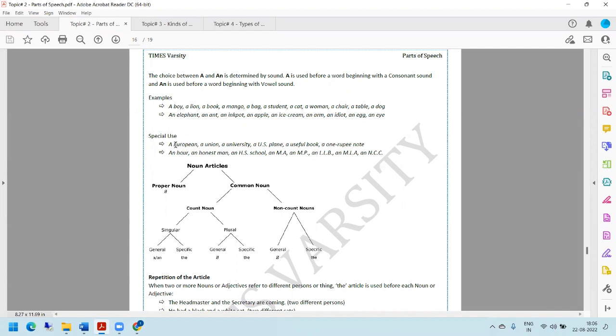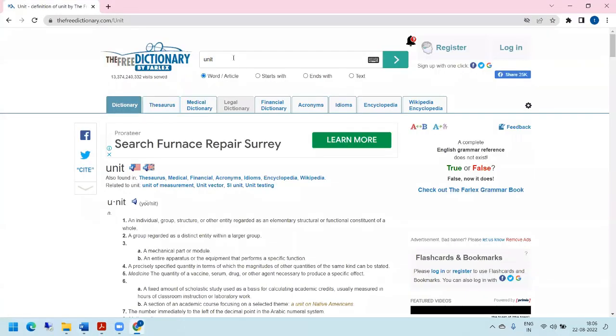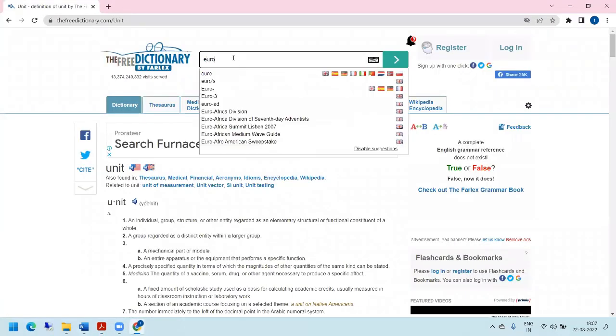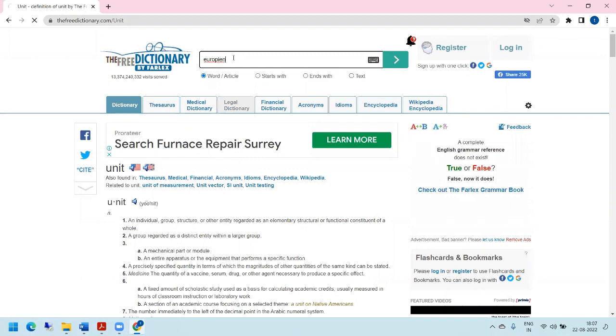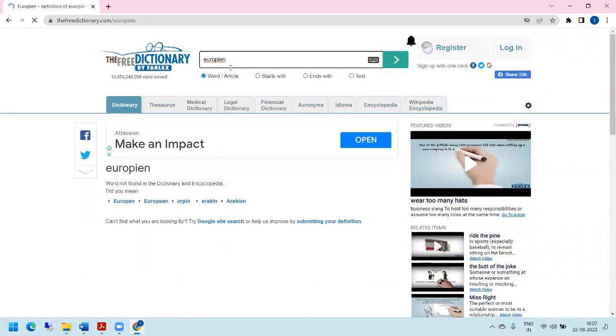But when we correctly pronounce the sound here, it is not a vowel sound. It is actually a consonant sound. That's why we are using a, not an. Let me show you in the dictionary. What is that? European, right? European or Europe. Let's say Europe, right?